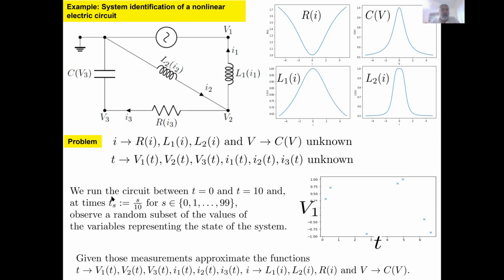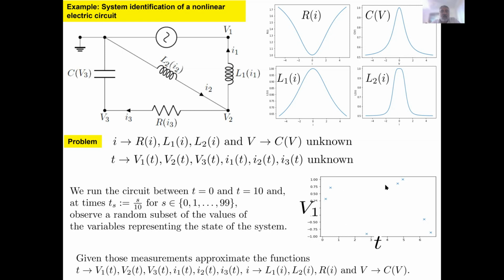Now, we run the circuit between time 0 and time 10. And at time t_s equals s over 10 for s going from 0 to 99, we observe or measure a random subset of the values of the variables representing the state of the system. So this figure shows the values of the voltage V1 at times when those values are observed.